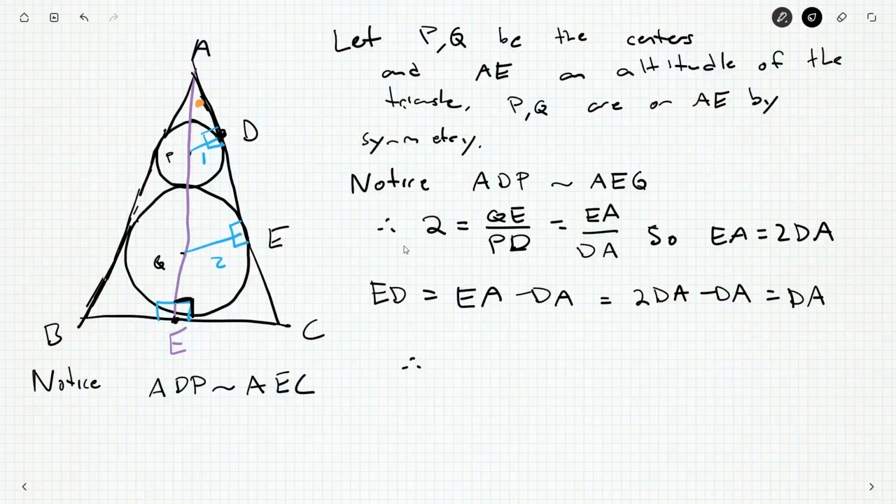So that tells me that AD over AE is the same as PD over EC is the same as AP over CA. Now, none of these have EC in them.